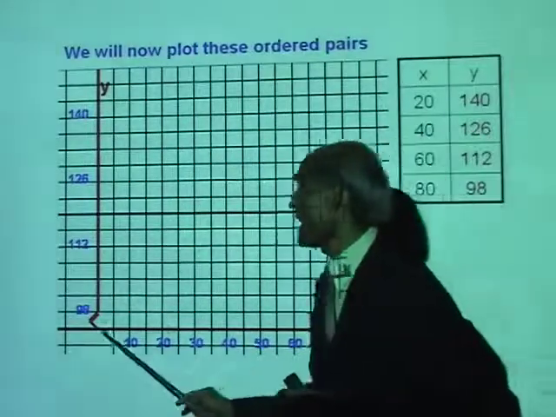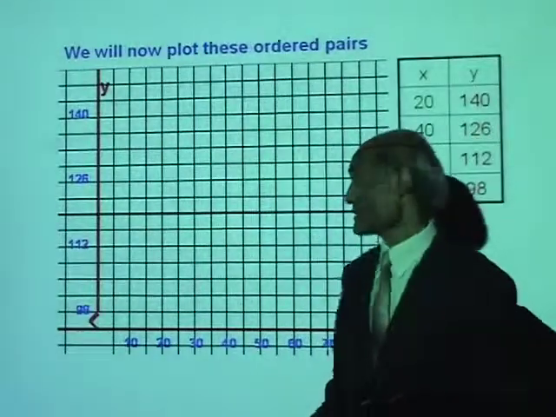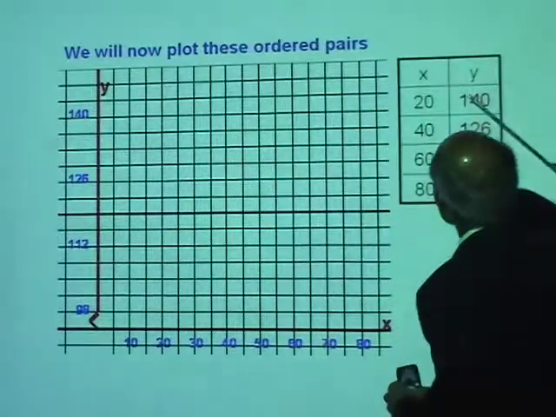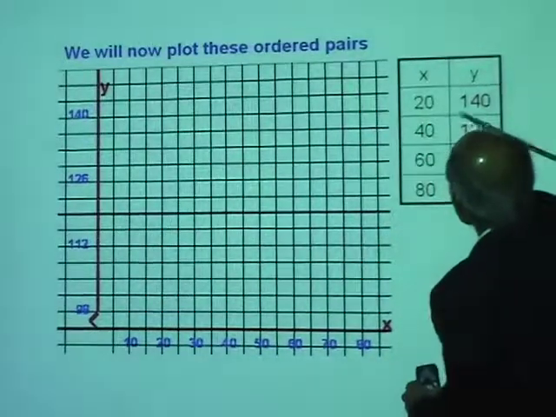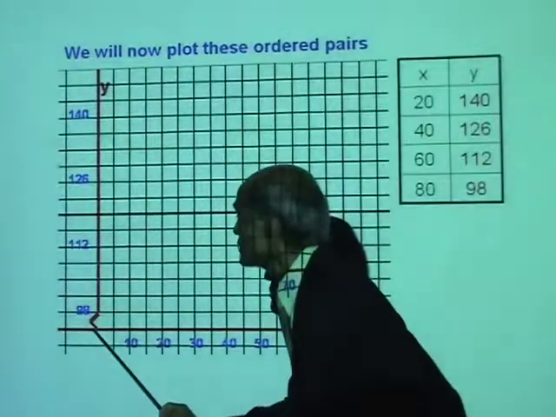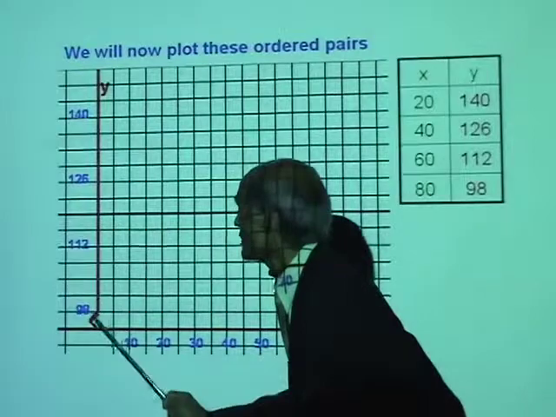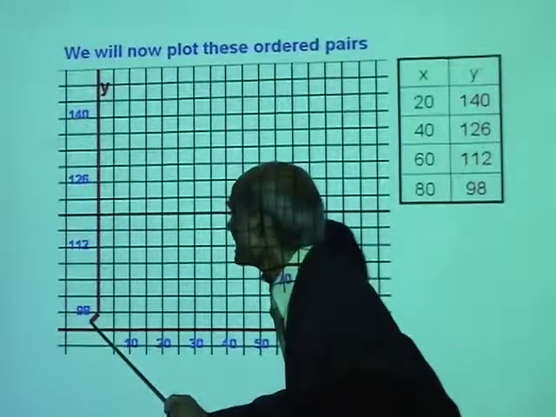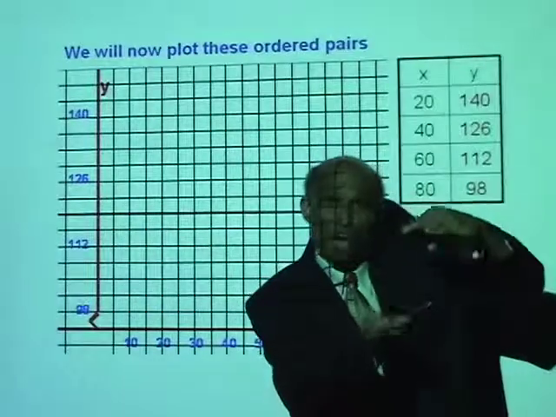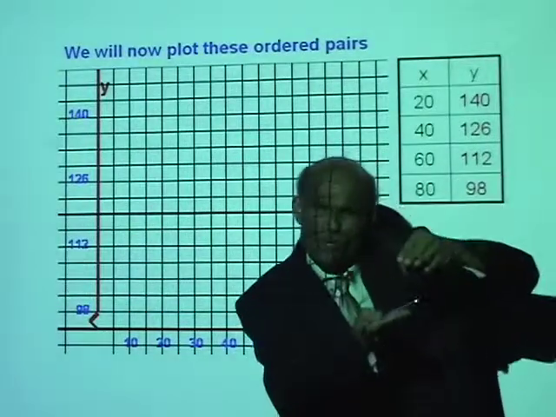And y values, I said y values range from 98 to 140. So, rather than saying 0, 5, 6, and so on, I put a wiggly line there saying there is a lot of part there which I'm really not going to use. So I've sort of folded it up.